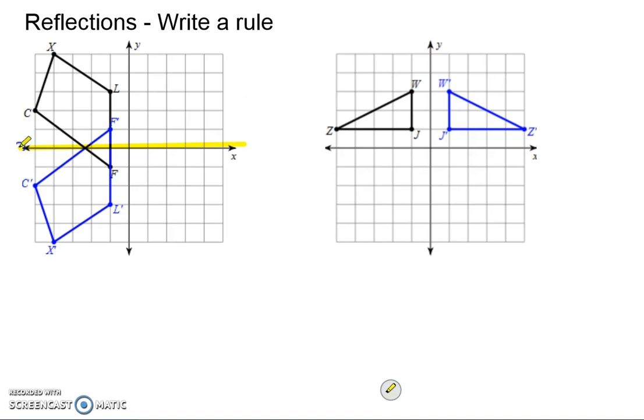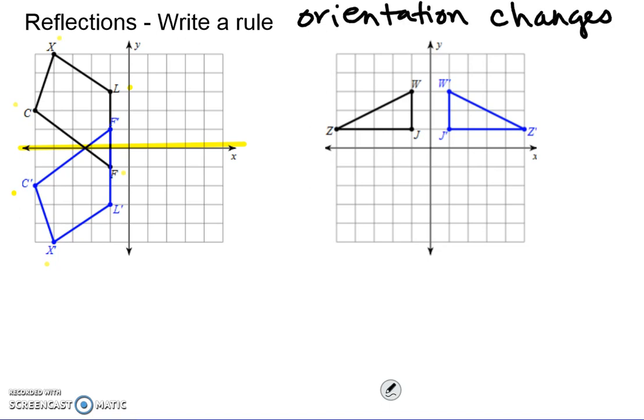On the pre-image, if I go clockwise, I start with X, then go to L, F, C. Well, find X on your new image. I don't go from X to L, I go X to C. So the orientation of your letters changes.